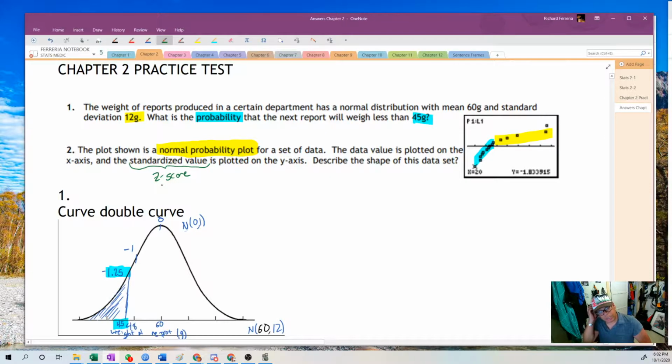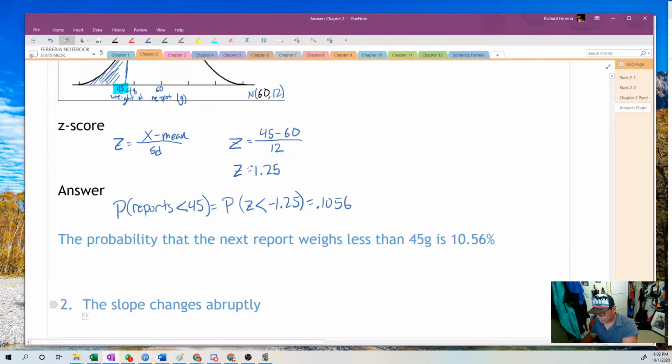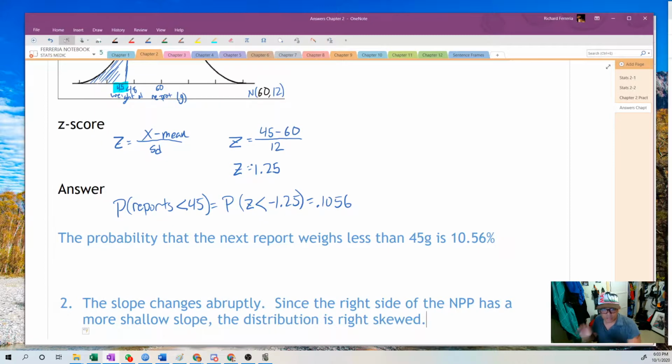So we're going to describe the shape here. This is indicative of a right skewed curve. The first thing we notice is that the slope changed abruptly. Since it's the right side of that normal probability plot that has the more shallow slope, a slope closer to zero, we're going to say that the distribution is right skewed.